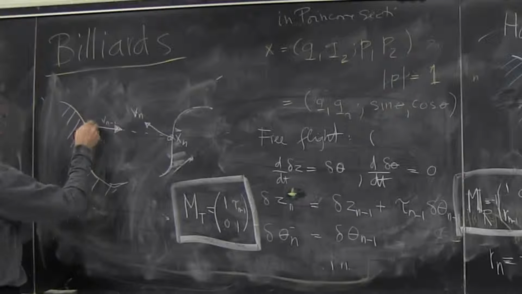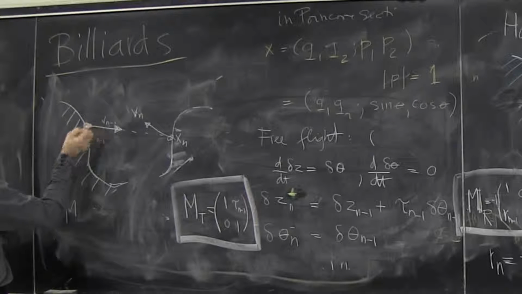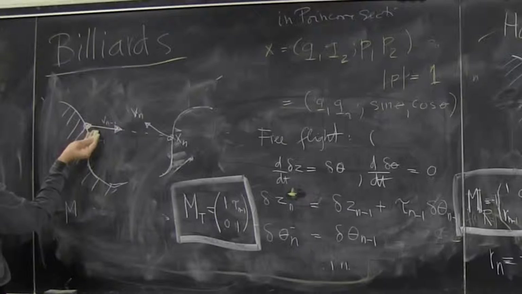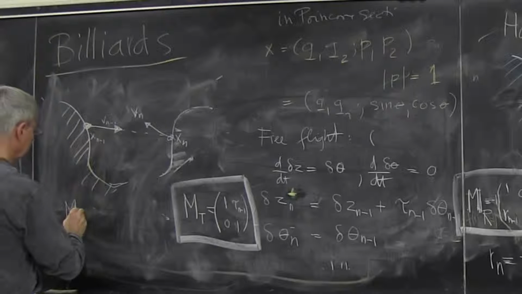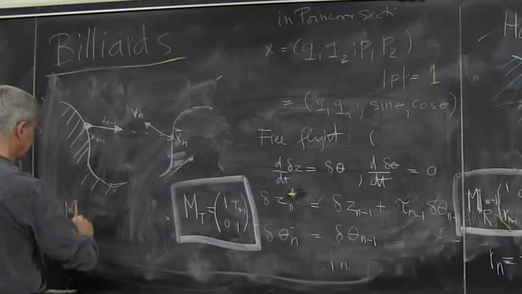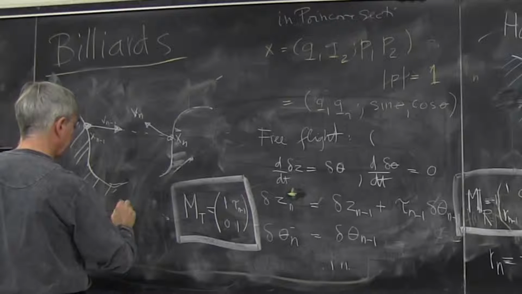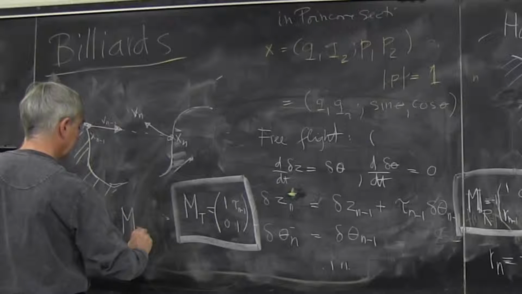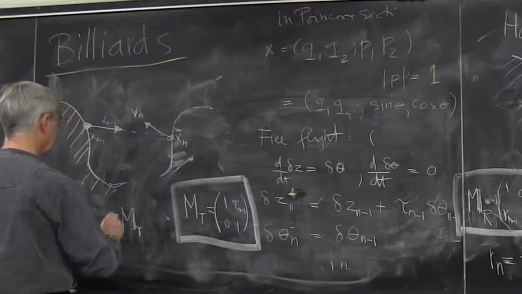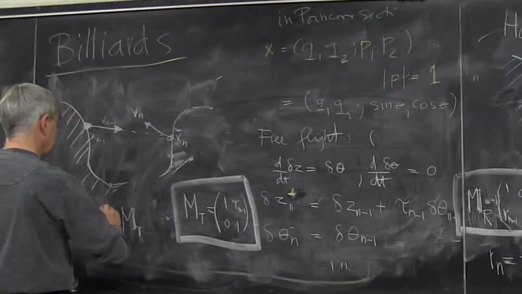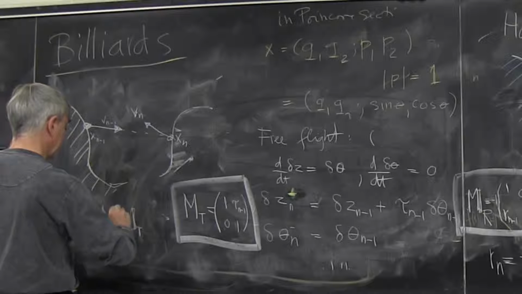So what happens if I perturb transversely or angularly around this trajectory? The Jacobian for one iteration is a first fly freely time t, and this is just a matrix, and then I reflect.